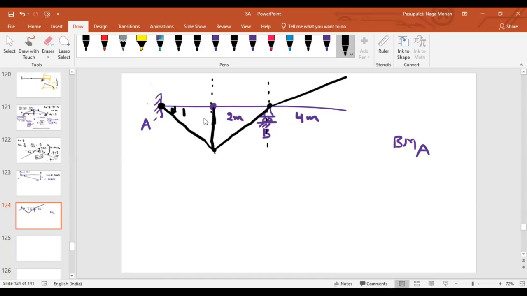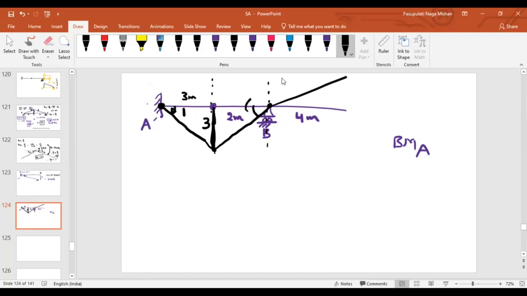What about the magnitude of this ordinate? It is not AB by L. Directly I have given you the slope here; it is one connected member. The slope is 1 and the length is 3 meters, so the ordinate is 3.